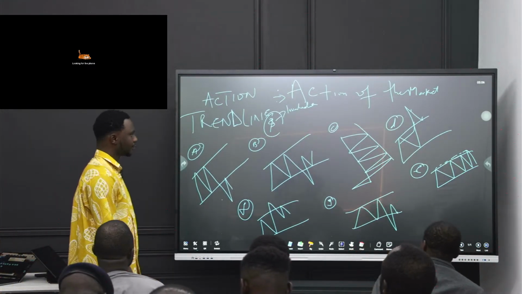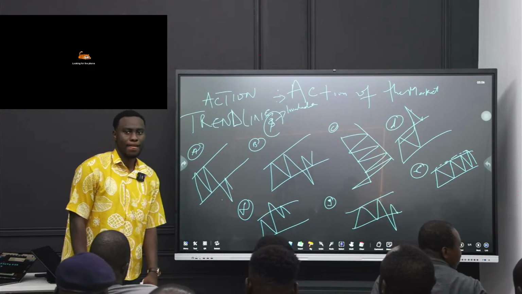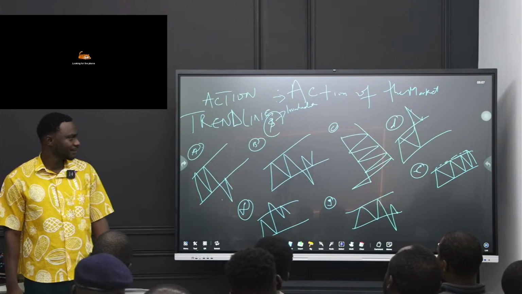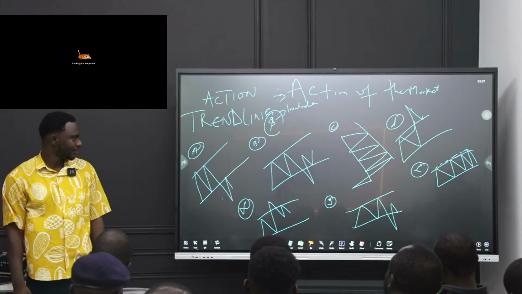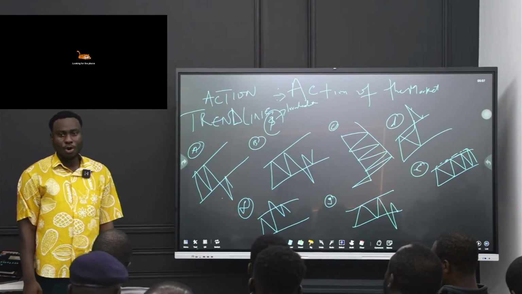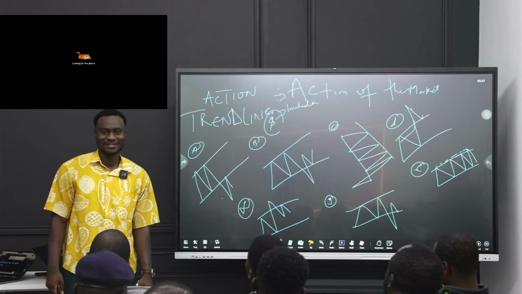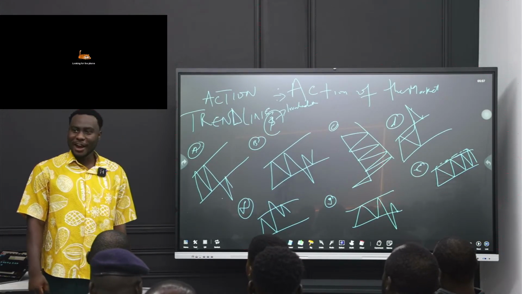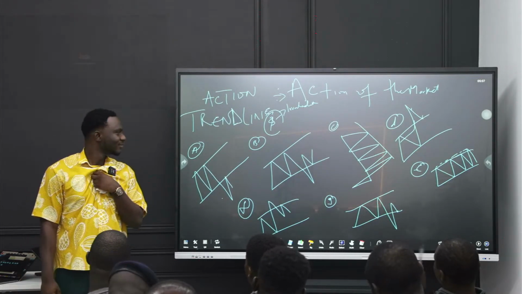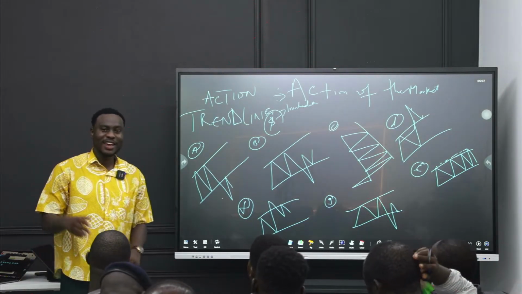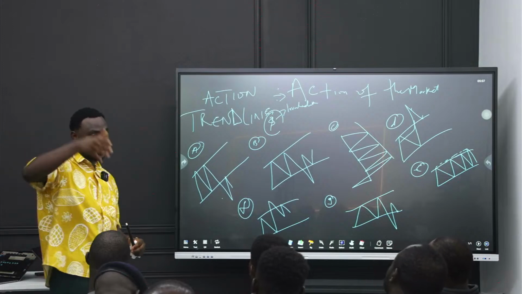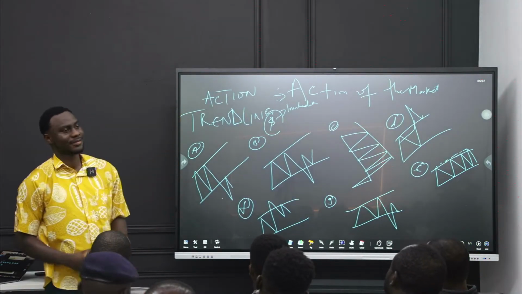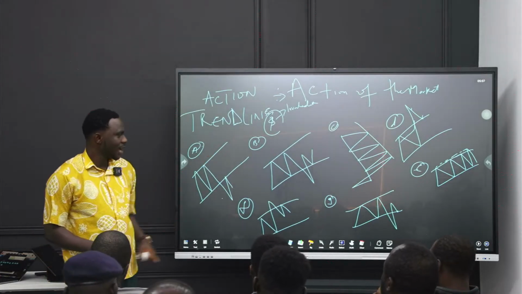So are we good? Yeah. So what's A? Breakout. And what about B? Look at it very well. Someone said invalid, that's a fake breakout. Do we agree that it's a fake breakout? I agree with us, it's a fake out.